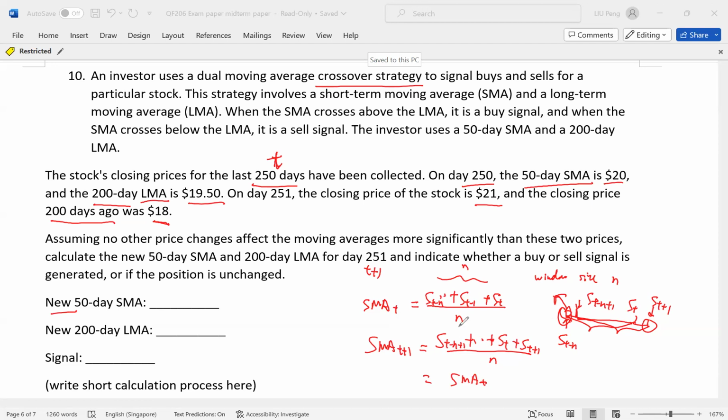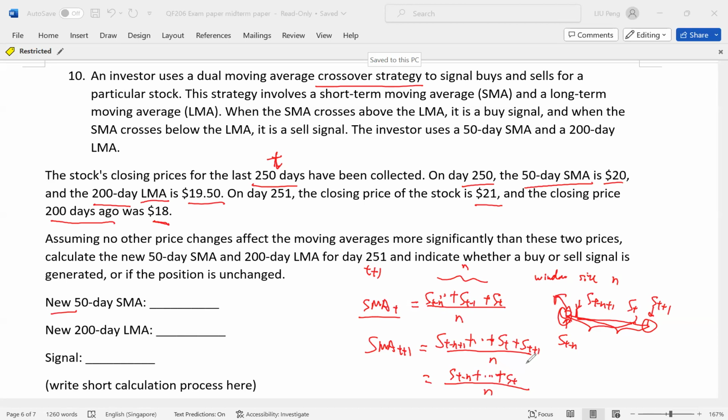We want to construct this guy, so let's write the equation here. It's 1/n times S_{t-n} plus dot dot dot plus all the way to S_t. That's the definition of SMA_t, right?